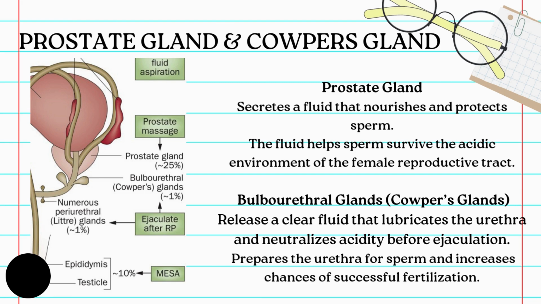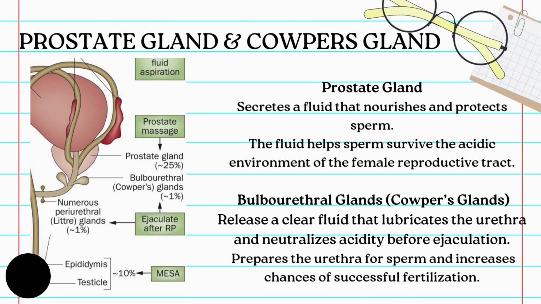Then after passing by the prostate gland, it will pass by the, let me try and say this word, the bulbourethral gland, or the Cowper's gland. That gland will produce fluid that is clear, that will lubricate the urethra and neutralize the acidity of the urethra before ejaculation. This happens while the male is engaging in sexual activity or sexual intercourse.